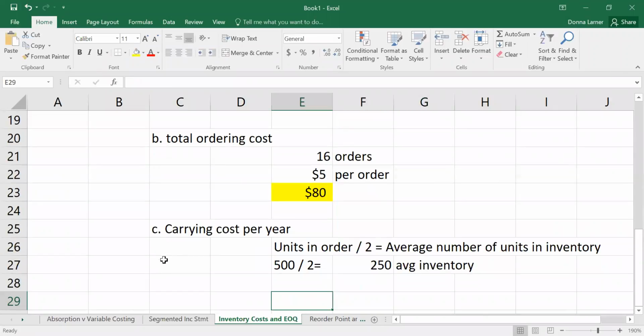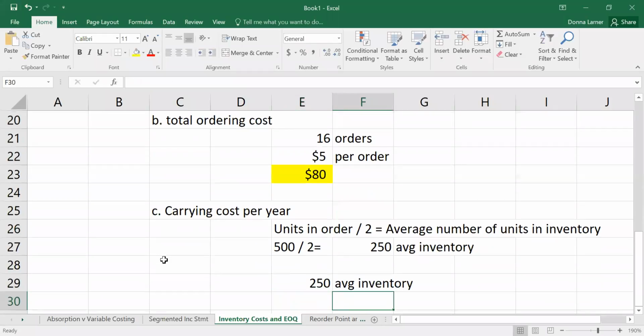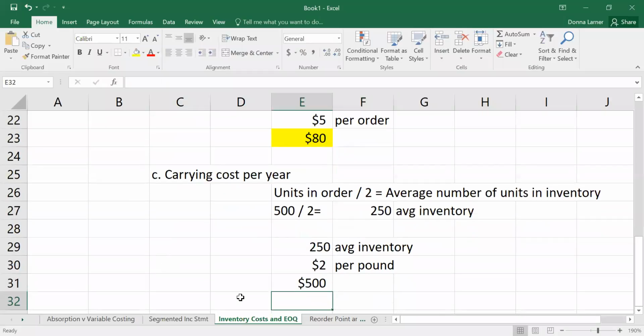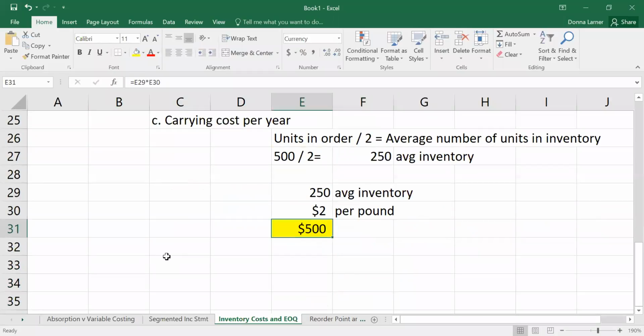And to get carrying costs, it's 250 pounds average inventory, averaging $2 a pound to hold them in inventory, means our carrying costs are $500 a year.